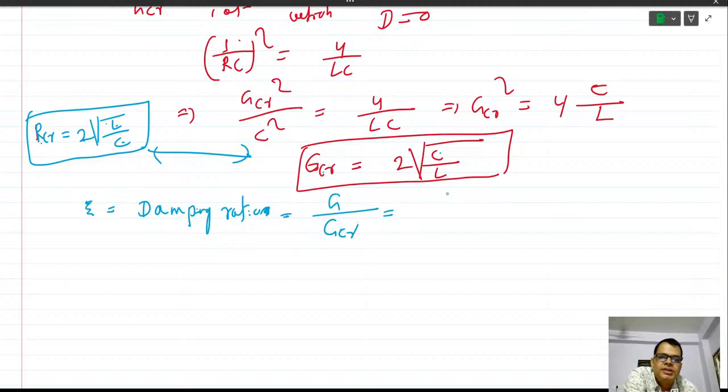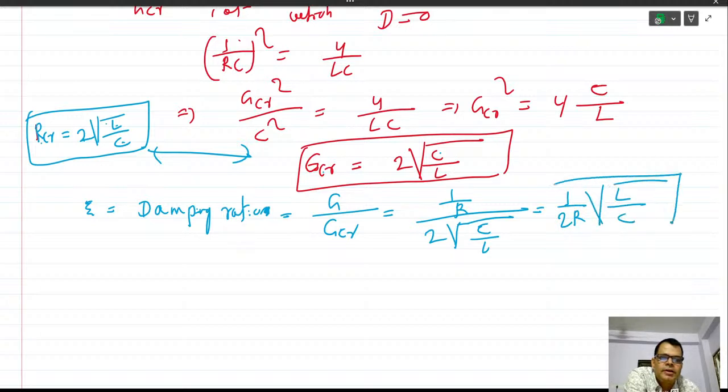What is the G here for the parallel circuit? That is 1 upon R and 2 root over C upon L. So now put these values. So this is 1 upon 2R root over L by C. This is the zeta for the parallel circuit. But we found the zeta for the series circuit.